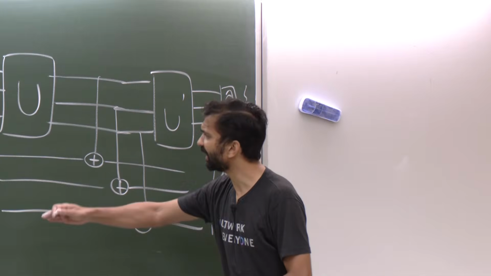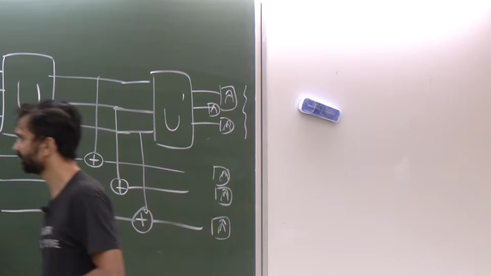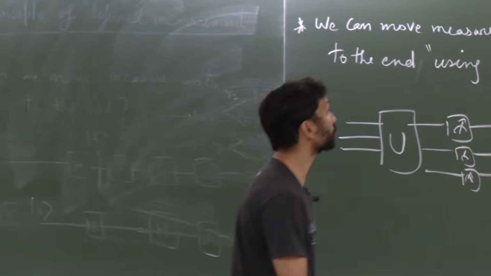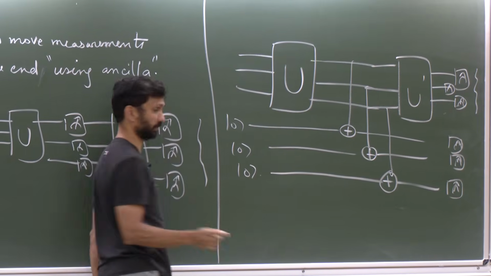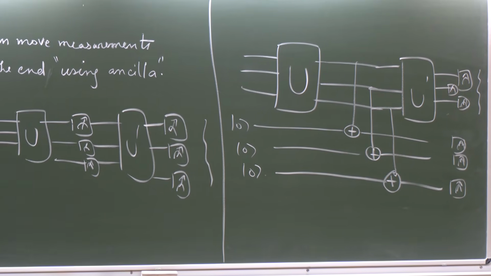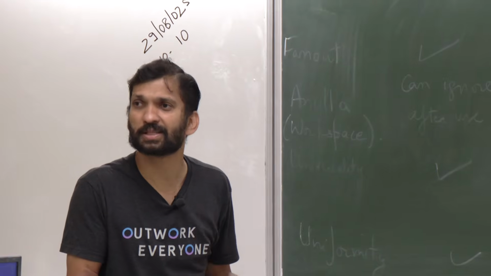Good. Any idea why these two circuits are equivalent? What have I done here? Oh, sorry, I should have said that. That's important. I start with zeros and do this. What I will do is take a very simple U and then we will see how that works, right? Because anytime there is a complicated thing, examples help, right?